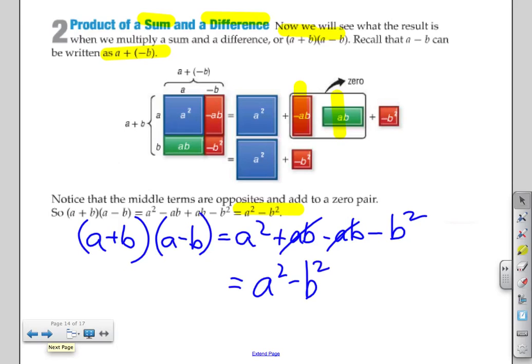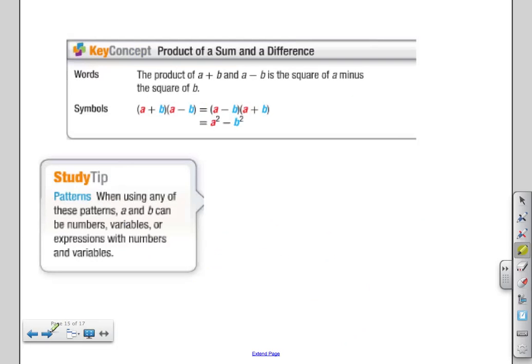Okay. So when we have a sum and a difference, this is what we're going to get. All right, and this is basically what this key concept says. We've been over this pretty specifically. I'll let you copy this down from this slide.